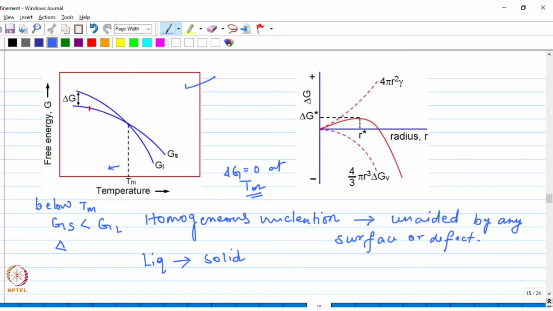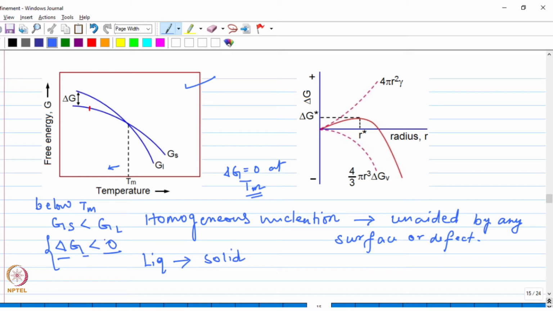And therefore, delta G is negative. And the liquid will transform to solid as you pull it down below the equilibrium melting point.